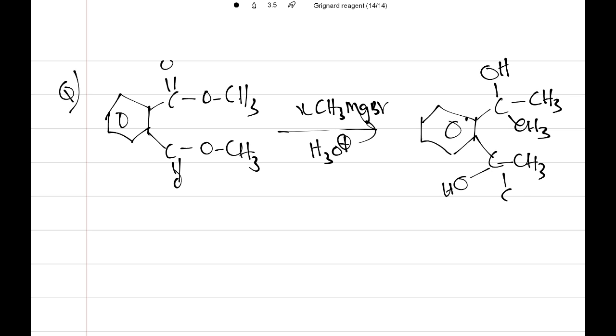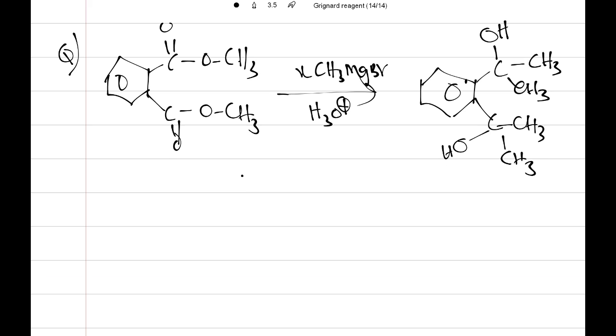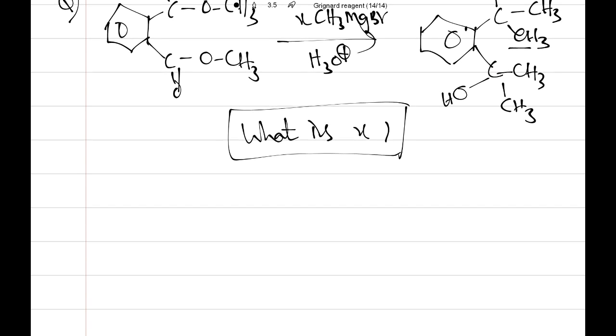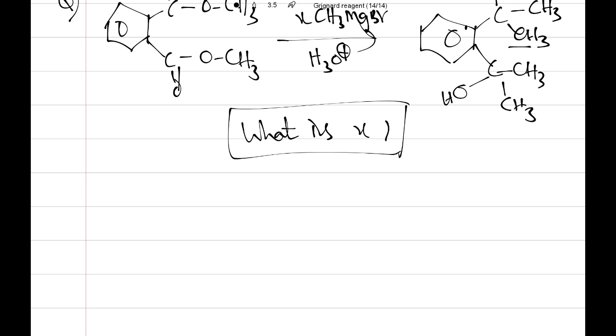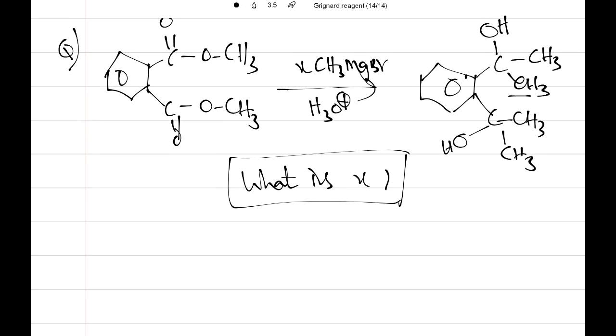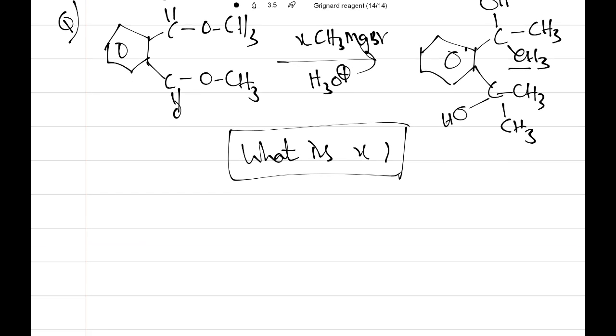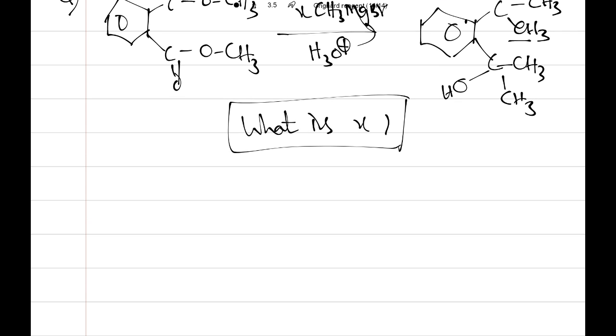Now what is X, is the question asked. Here the ester is converting into tertiary alcohol. When an acid derivative is converting into a tertiary alcohol, it requires 2 moles of Grignard reagent. That means 2 esters are there, and both are converting into tertiary alcohols, so 4 moles of Grignard reagent are used in this reaction. That means X equals 4.